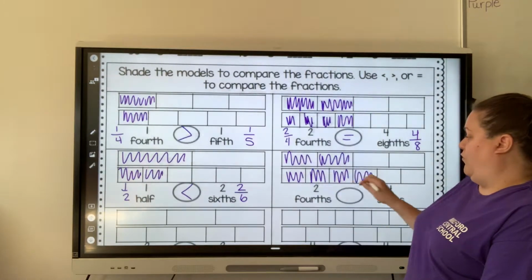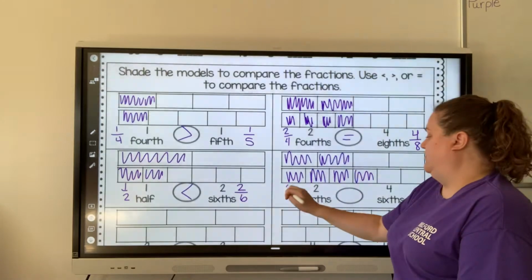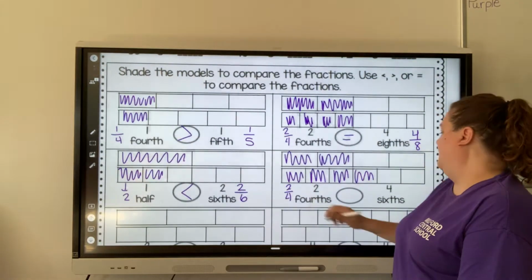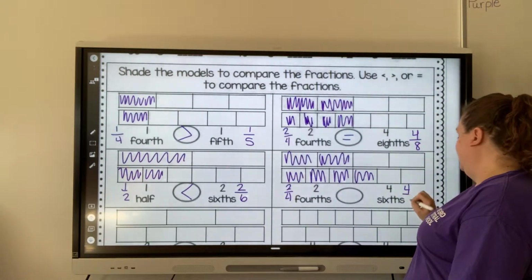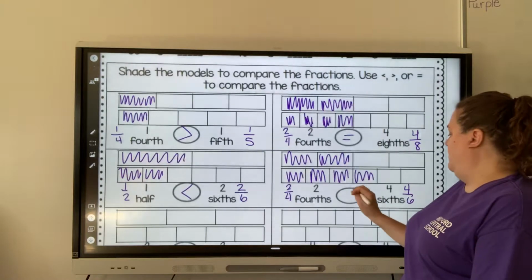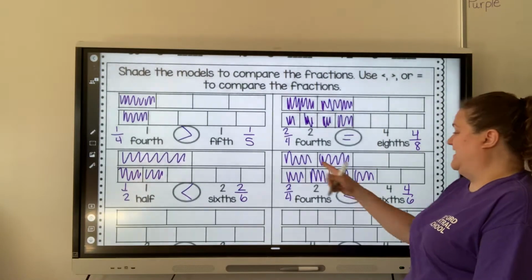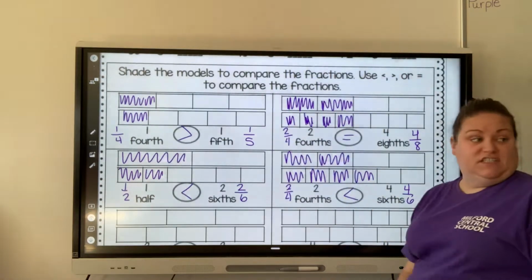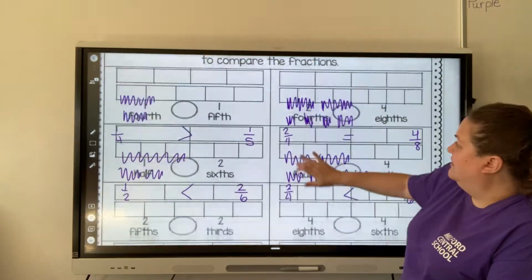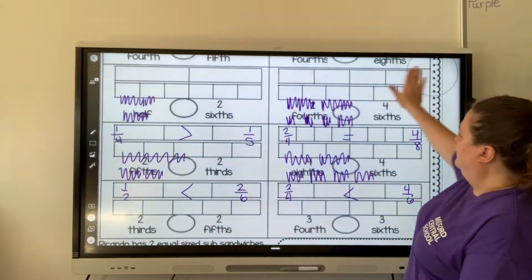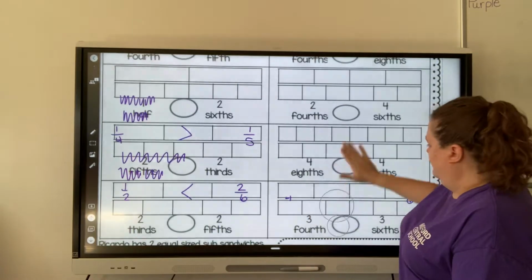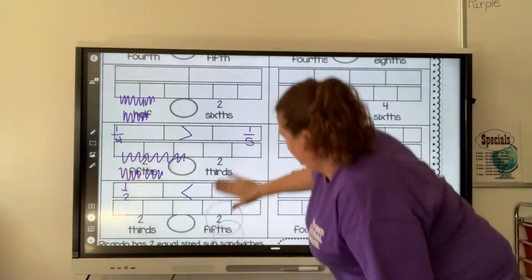Which one's greater? In this case, we have 2/4, and over here we have 4/6. So this 2/4 is actually less than 4/6. Well, that's interesting. New one for me. Usually you just slide right up with me.